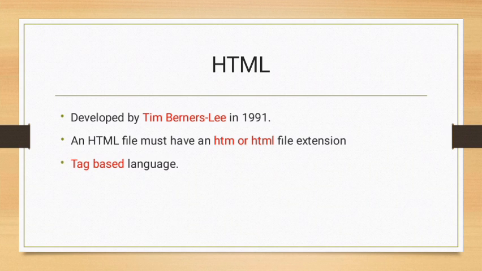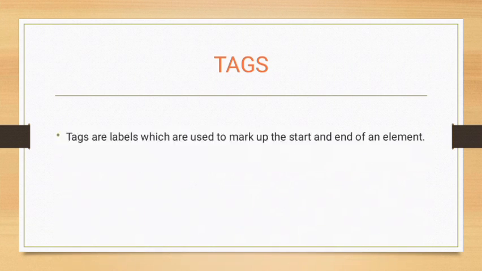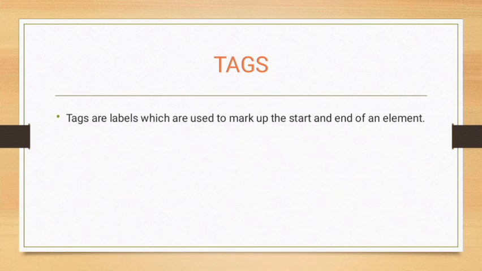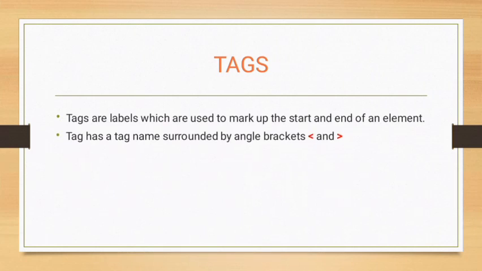And also it is a tag based language. So in HTML you will write code using different tags. Okay, so we can study about tags. Tags are the labels which are used to mark up the start and end of an element.